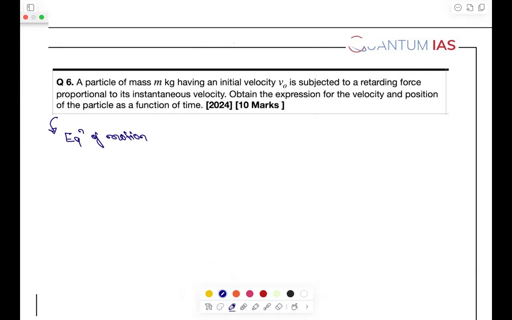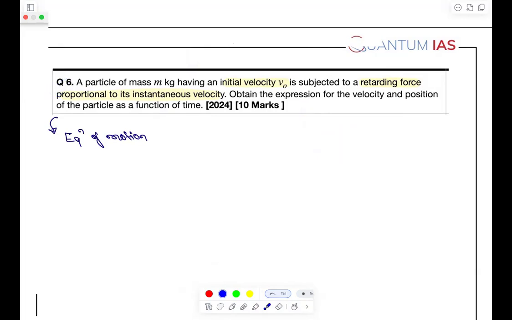A particle of mass m having initial velocity v naught is subjected to a retarding force proportional to its instantaneous velocity. Obtain the expression for the velocity and position as a function of time. If you ask any student of Quantum Yoga, in that test series in 2024 I gave exactly the same question, and exactly that question came in the examination.